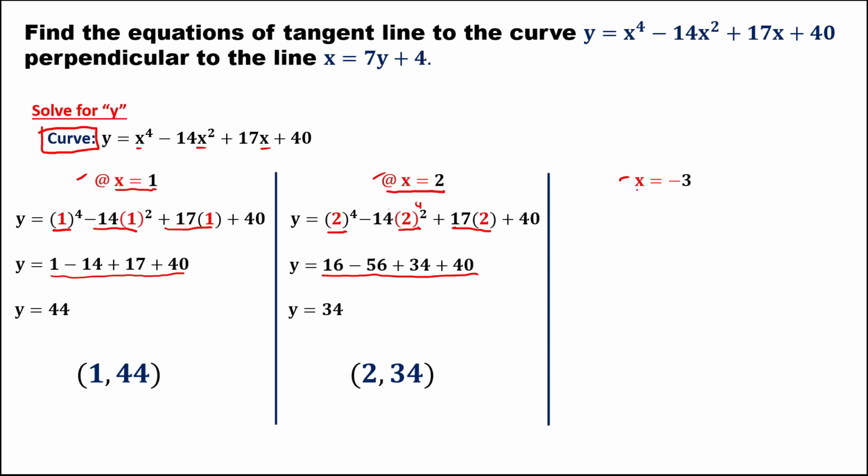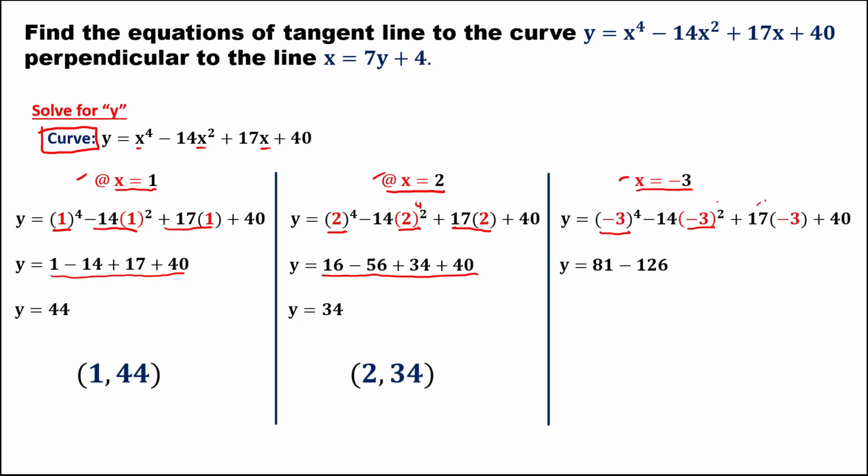Then for the last value for x, that's negative 3. To simplify, negative 3 to the power 4 is positive 81. Negative 3 to the power 2 is 9, and 9 times negative 14 is negative 126.